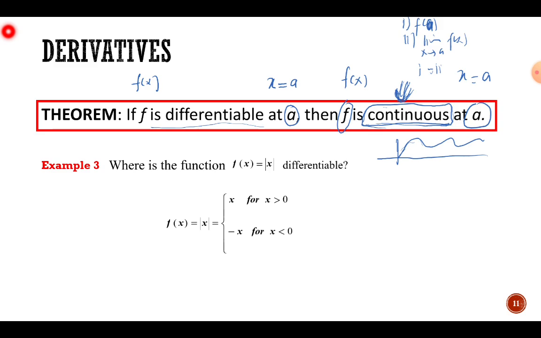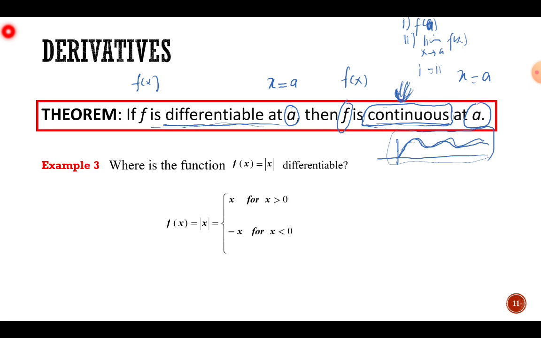It is not that if a function is continuous then it is confirmed differentiable. If a function is differentiable, it is confirmed continuous, with no breaking point. But if a function is continuous, it is not yet confirmed that the function is differentiable. If a function is continuous everywhere, it does not guarantee that it is differentiable anywhere.